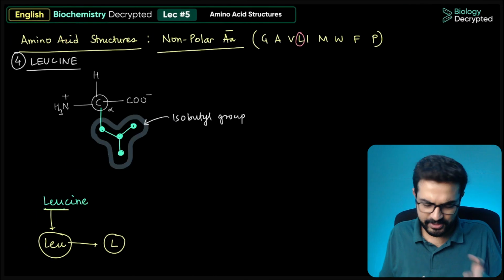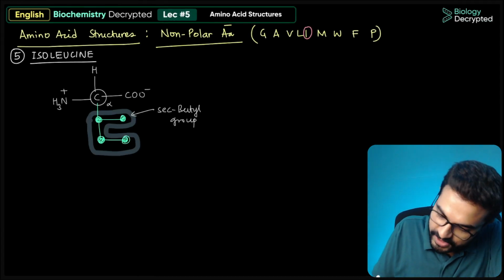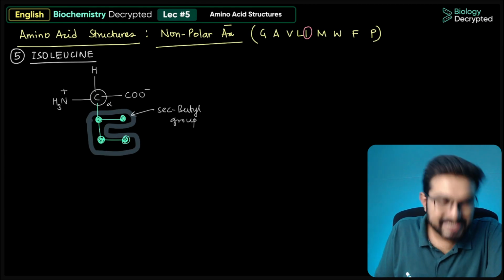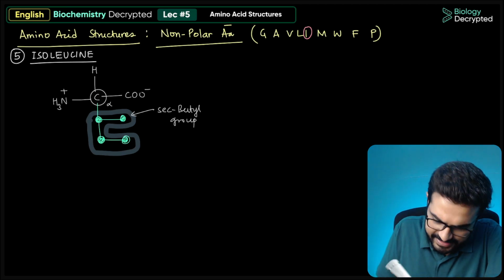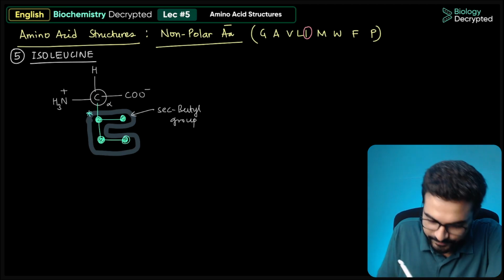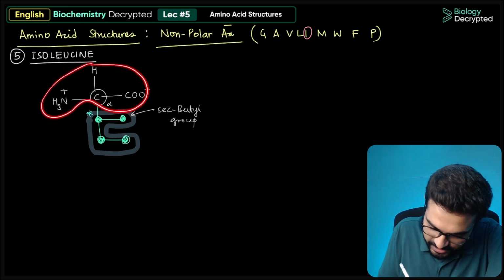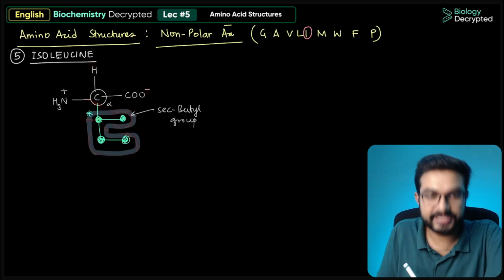This is isoleucine. This is an isomer of leucine. And what you can observe here is this particular carbon. Obviously there is one chiral carbon in all amino acids, but this is an additional chiral center. If you look closely, this whole thing will behave as a group, this will behave as a group, this will behave as a group, and there will be one hydrogen that will behave as a group.